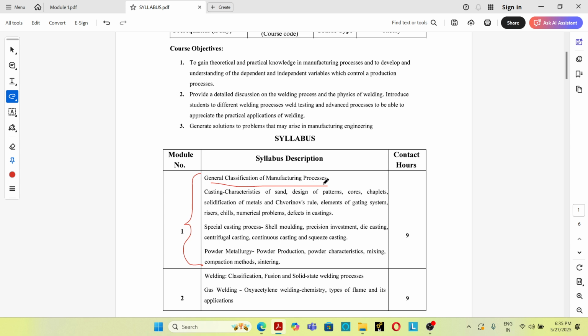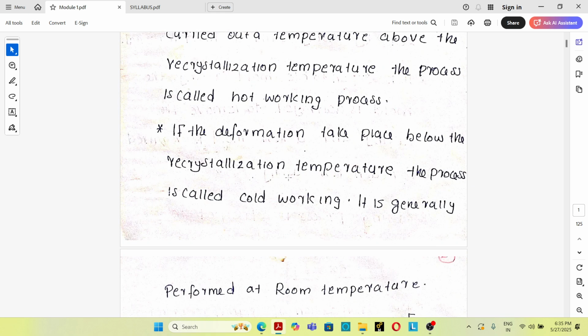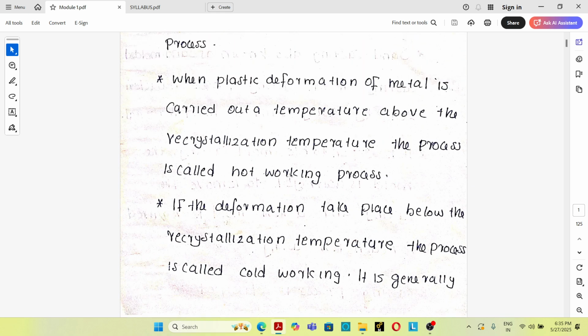This classification is based upon recrystallization temperature. You have already studied recrystallization temperature in the S2 semester material science subject.